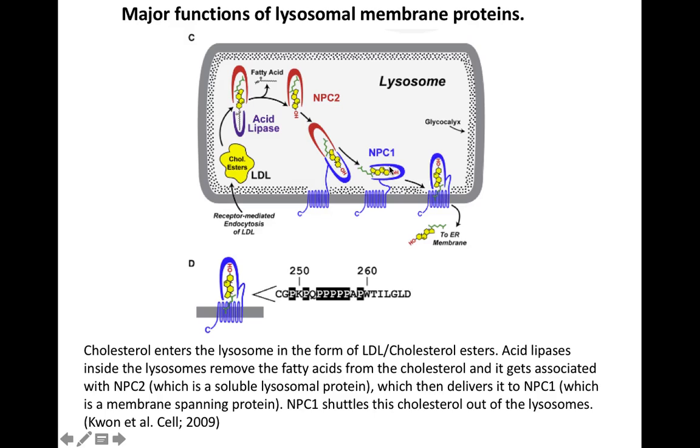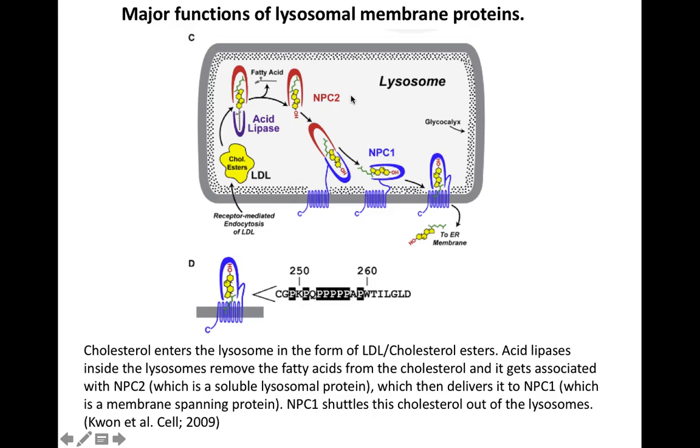The difference between NPC1 and NPC2 is that NPC2 is a soluble protein and remains inside the lysosomes, while NPC1 is a transmembrane protein. It's a membrane-associated protein. Basically, binding of the cholesterol with NPC1 helps in shuttling or export of the cholesterol from the lysosomes to the ER membrane.